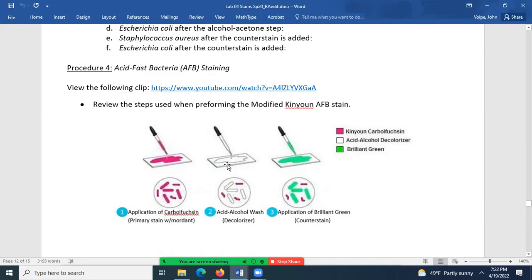The decolorizing agent removes the carbol fuchsin from the non-acid-fast cells, but not from the acid-fast cells. And then we use brilliant green in this procedure to stain the non-acid-fast cells, give them a color, and brilliant green is green in color.